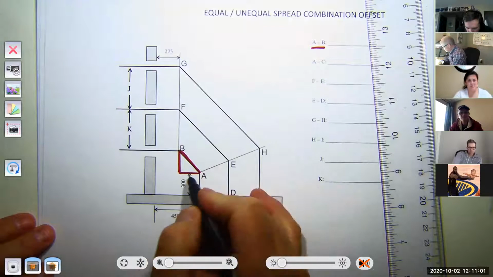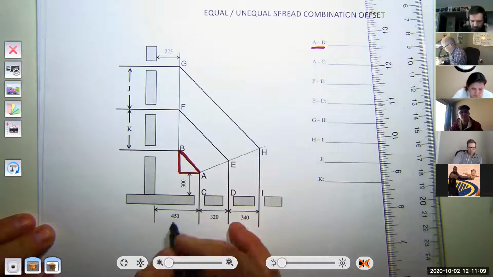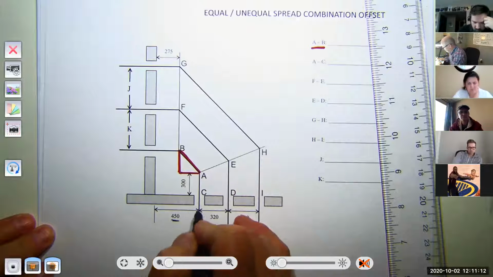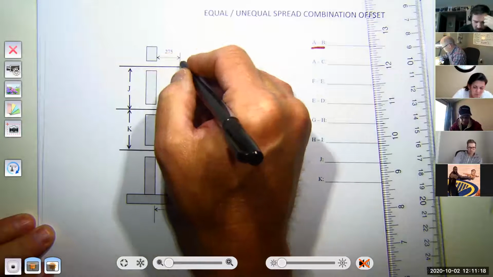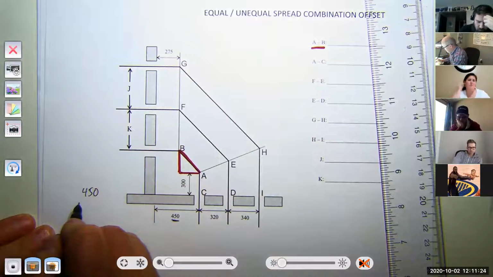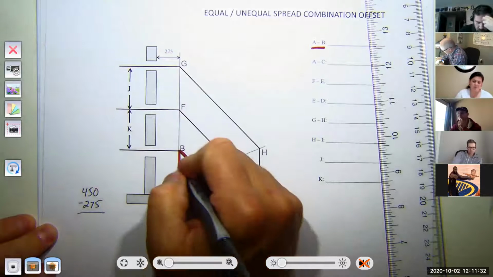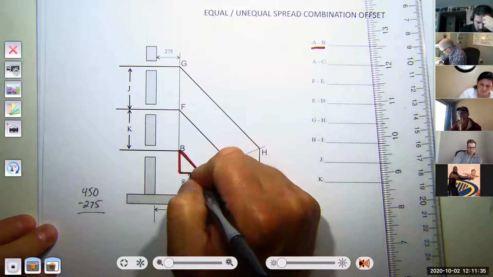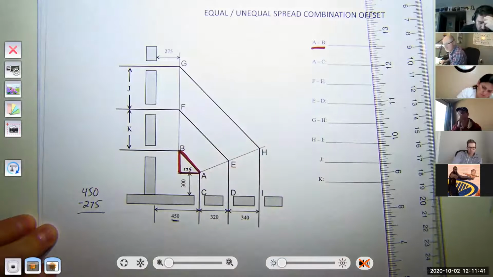So I need a rise or a run to calculate the travel here from A to B. If I look at this number, it's 450 from here to the wall. And then I have a measurement up here of 275. So if I take 450 and I minus off 275, this run right here has to be 175, doesn't it?